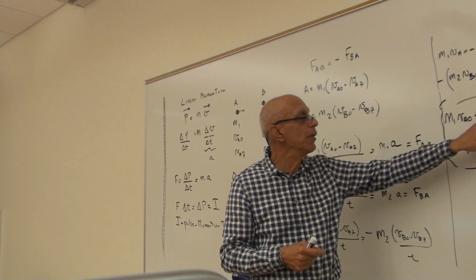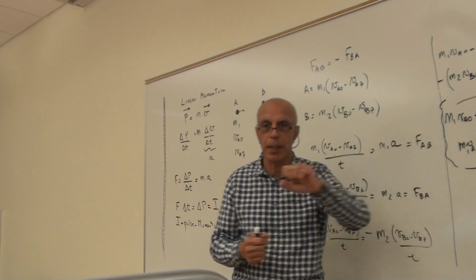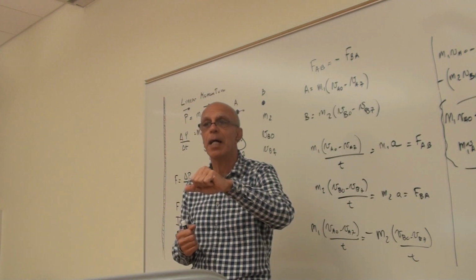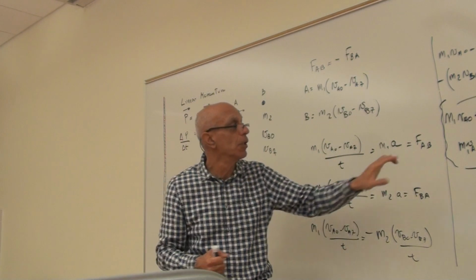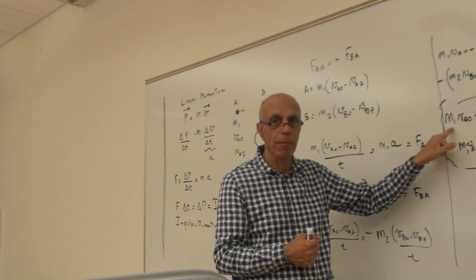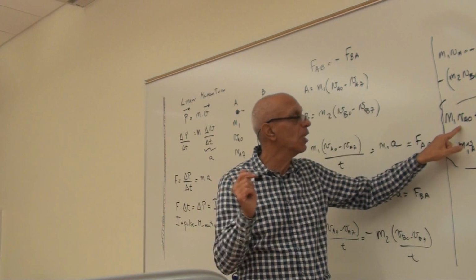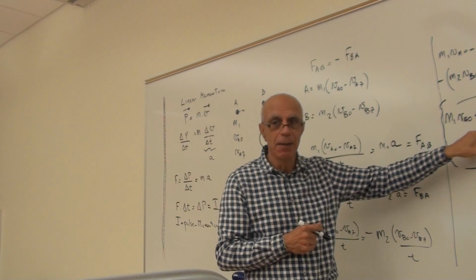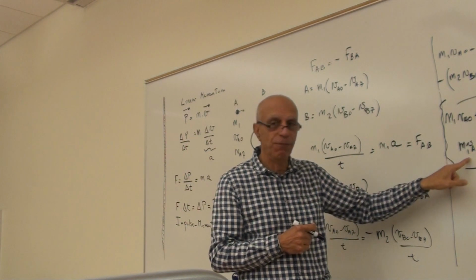Because what is the momentum of the second object? The second object is not moving, right? So what is that momentum? Zero. So the momentum of object B initially is zero, and then what's going to happen to the final?